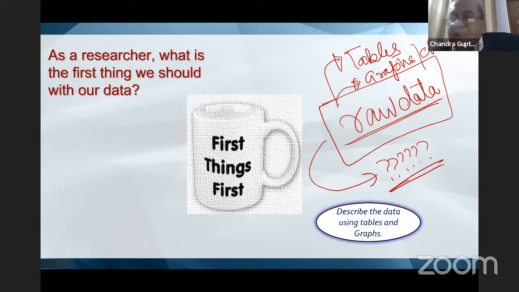Yes, Rishika, you're right. You have to clean your data. You have to prepare your data as per the software requirement which you're going to use. And once that is ready, then you have to summarize your data, understand your data, become friendly with your data. And that you can do if you describe your data by using tables and graphs.